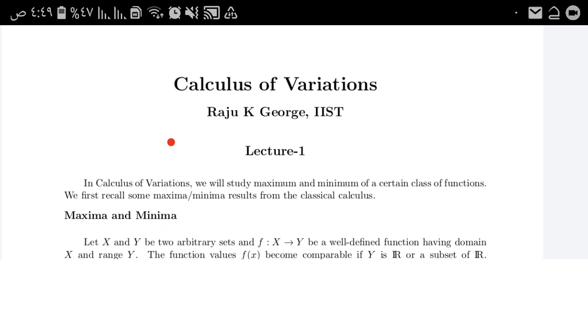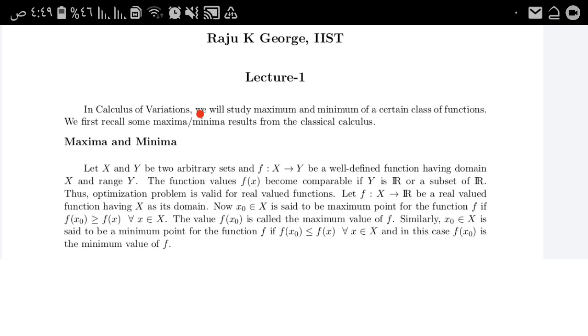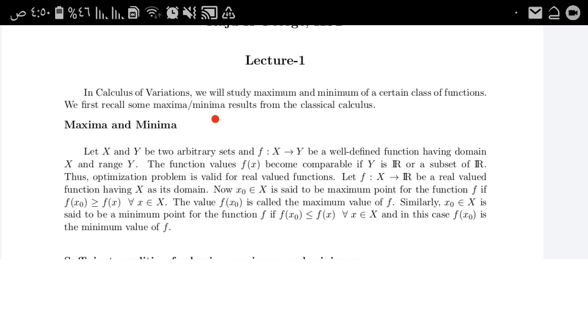We have already studied maximum and minima in your earlier classes. In the first part of the course, we review some notes about maxima and minima.